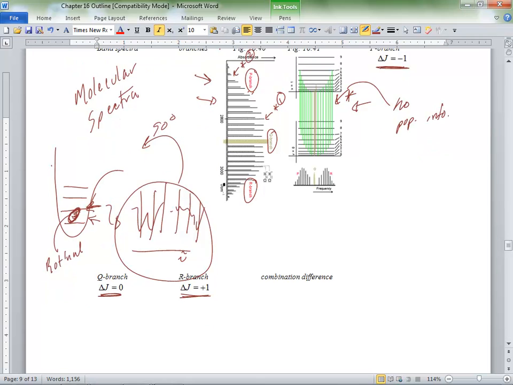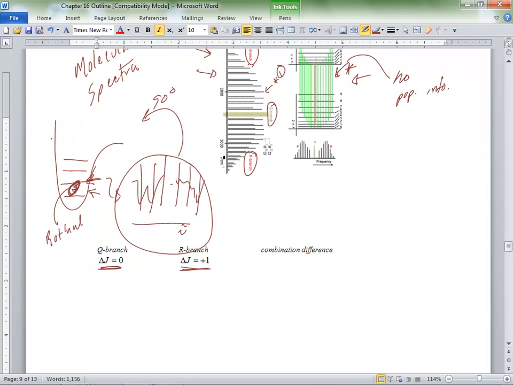And then the R branch, I think we need an equation for it. I'm going to dig it up in the reading. So the wave numbers for the R branch, the allowed, quantum number J, is U0 plus 2B, that's that same B we had from last class period.